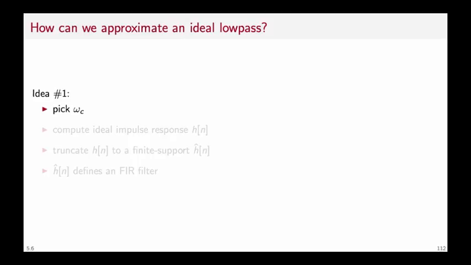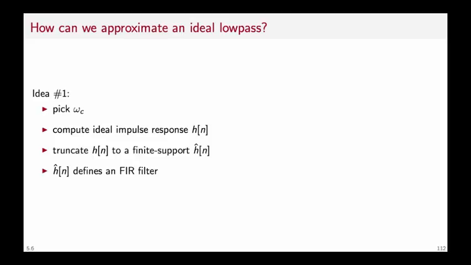So the first idea is the following. We pick a cutoff frequency ω_c, we compute the ideal impulse response for the low pass analytically, and we truncate h[n] to a finite support ĥ[n]. This ĥ[n] defines an FIR filter that we can use.